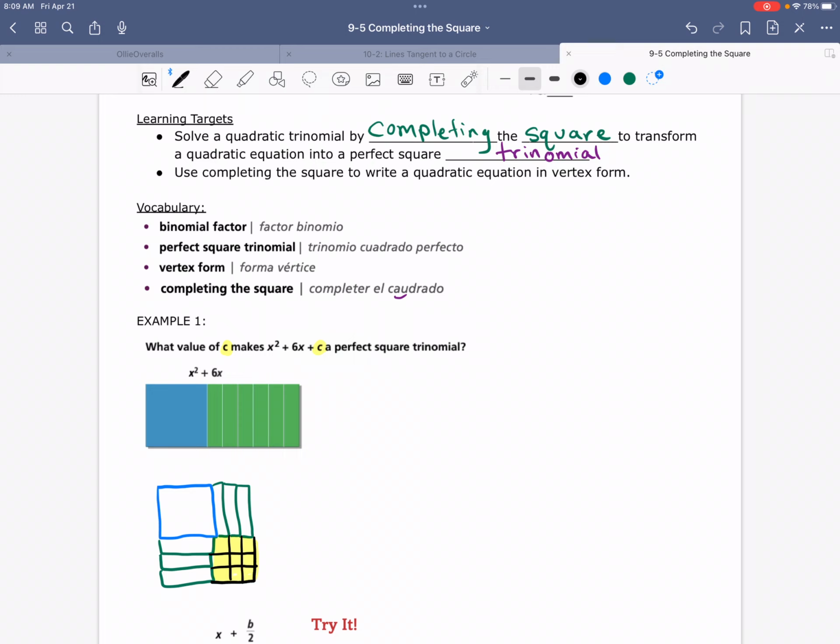And so the answer to this question, if this is x squared and the green ones are x's, then we're left with 9 little yellow squares. So c would be equal to 9, and you would plug that into the equation, so you would have x squared plus 6x plus 9.